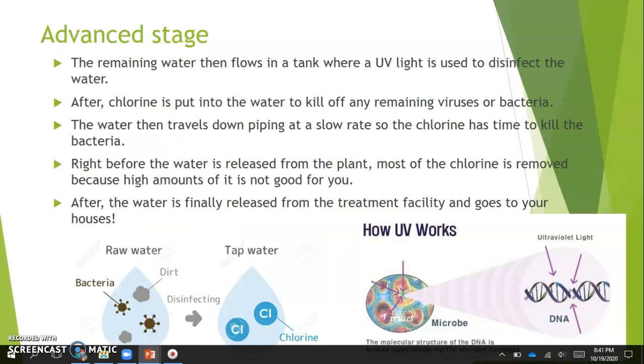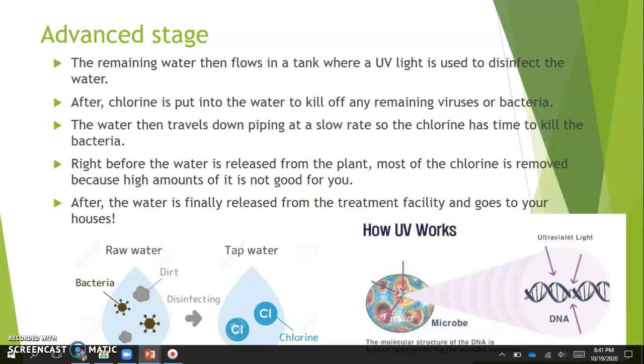So after that solidification is removed off the top, the water will then flow into a tank where an ultraviolet light, UV light, is used to disinfect the water. So they use UV light to provide a disinfecting agent for the water. UV is a natural disinfectant. It will kill microbes.